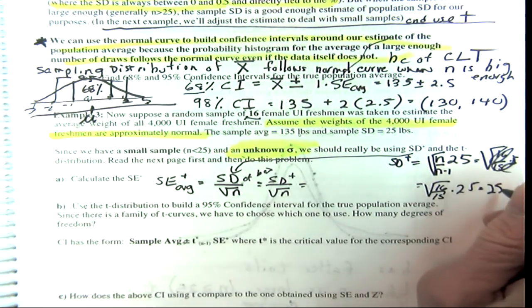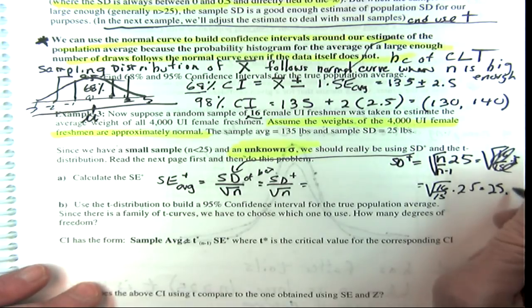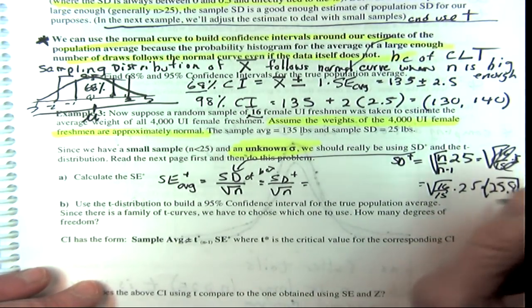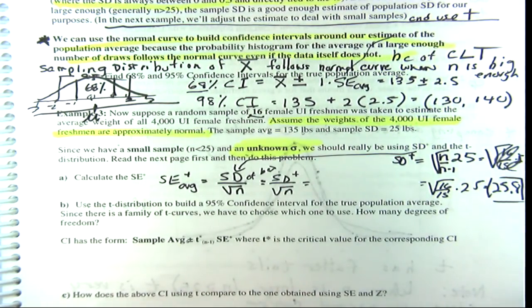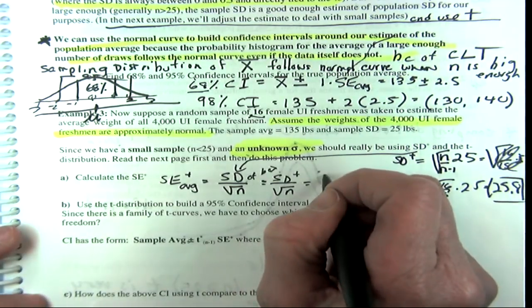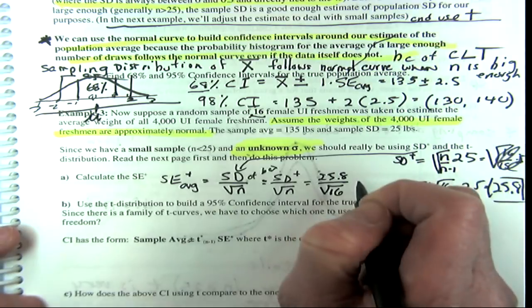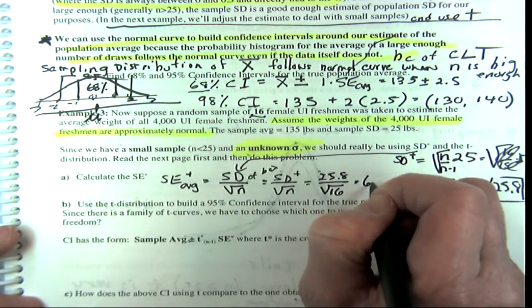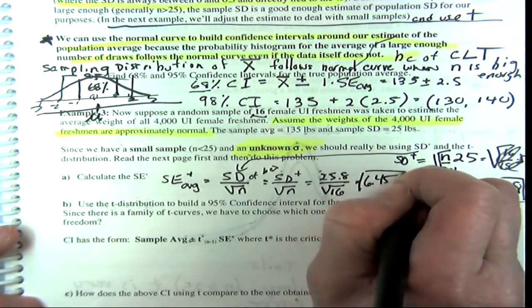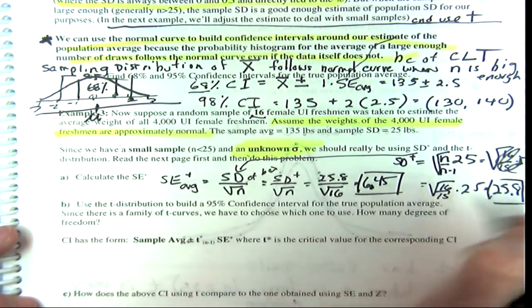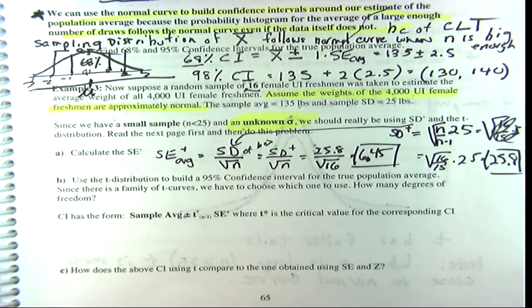It's 25.8. So that is what we're going to be using right there. All right, so we have 25.8 over the square root of 16, which is 6.45 pounds. So there it is. Any questions on that?